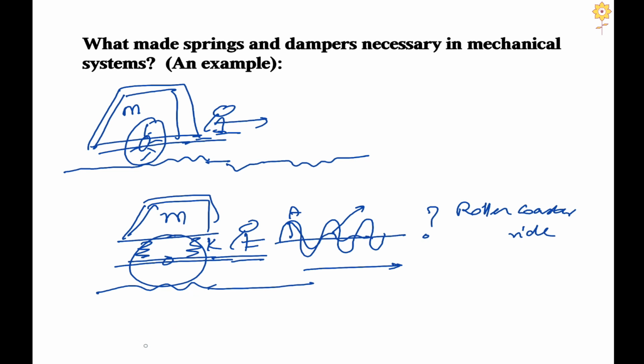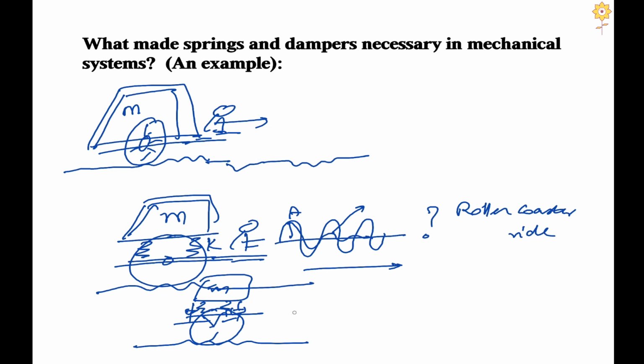So thereby people introduced different forms of dampers. So initially dry friction dampers were being used. Later on there was some research going on in this field, and people came up with the viscous damping, which was far more effective than the other types.